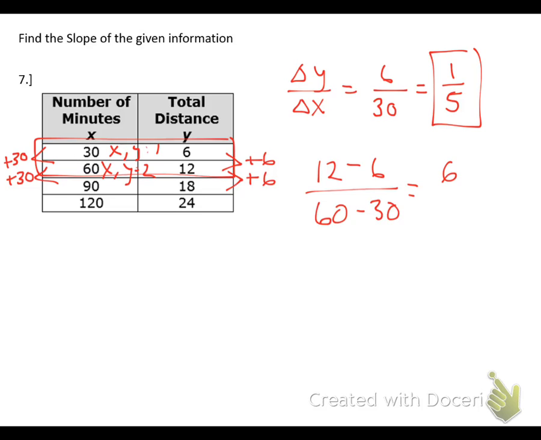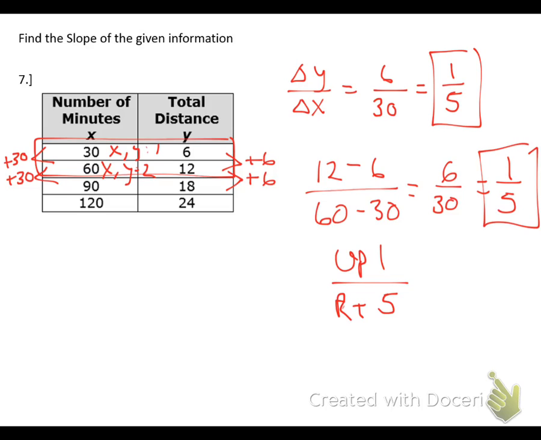And when we see that, I get my 6 over 30 again, which comes to 1/5. So this graph would go up 1 and it would go right 5. That's how I would kind of graph that. But that slope is going to be 1/5.